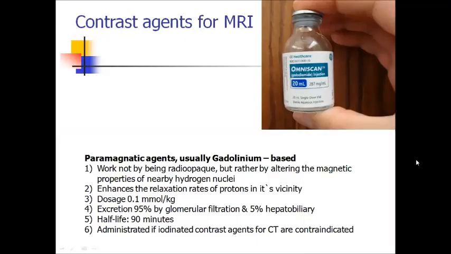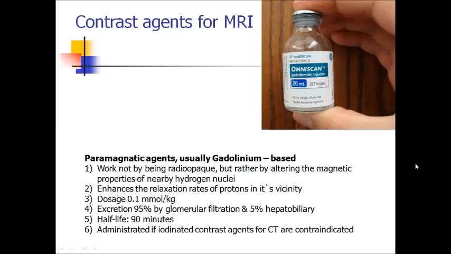Contrast agents for magnetic resonance imaging are usually paramagnetic agents, gadolinium based. They work not by being radio-opaque, but rather by altering the magnetic properties of nearby hydrogen nuclei, and they enhance the relaxation rates of protons in their vicinity.